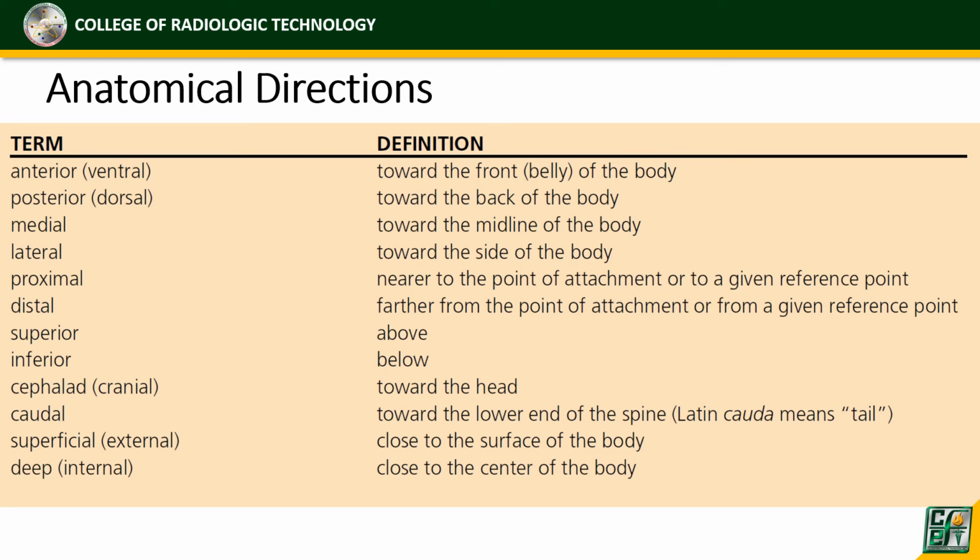That means the radius is the bone found towards the side of the body, and the ulna is the bone in the forearm that is nearer to our midline.